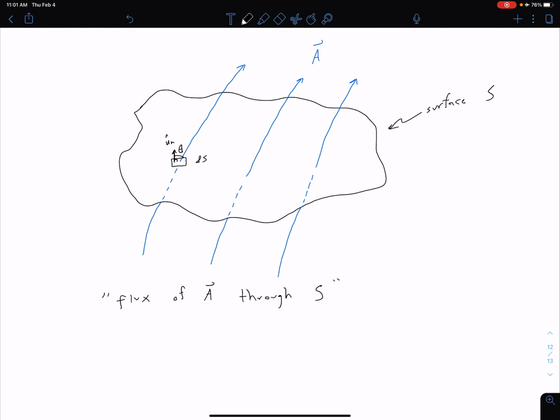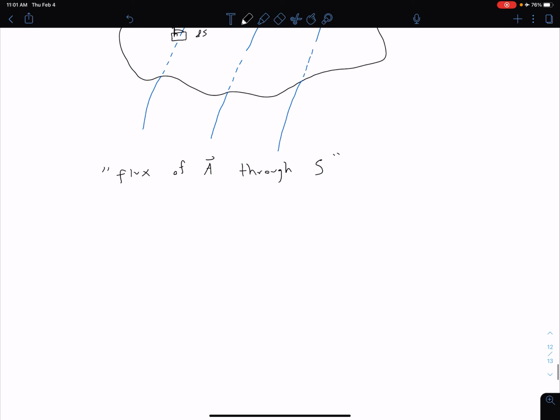So what we would do then is say that our flux of A through S, for which we're going to use the variable psi, is equal to the integral across the surface of A dot the unit normal vector, times ds. Now, as we saw before, in general our ds vector is equal to ds times un.